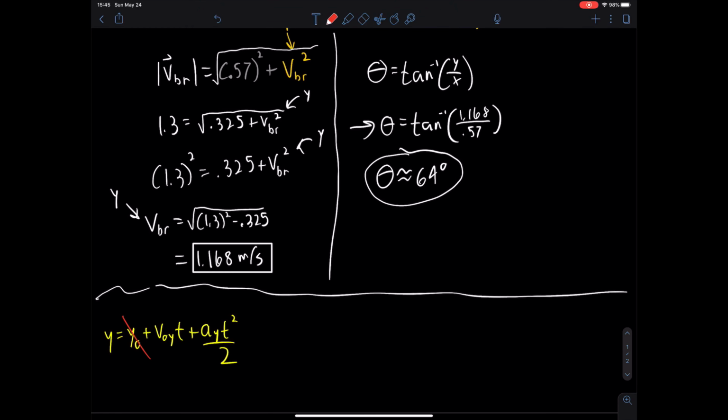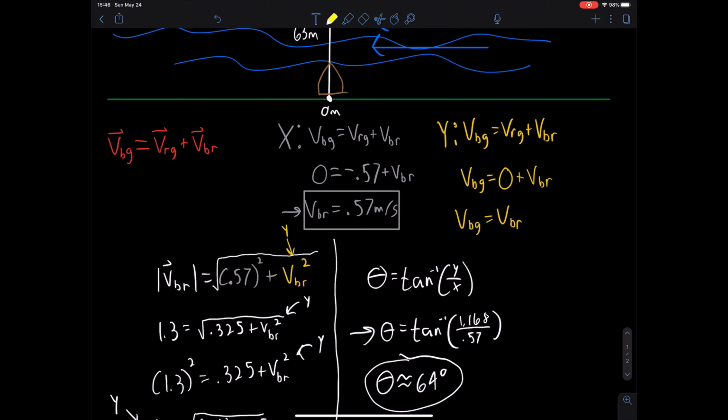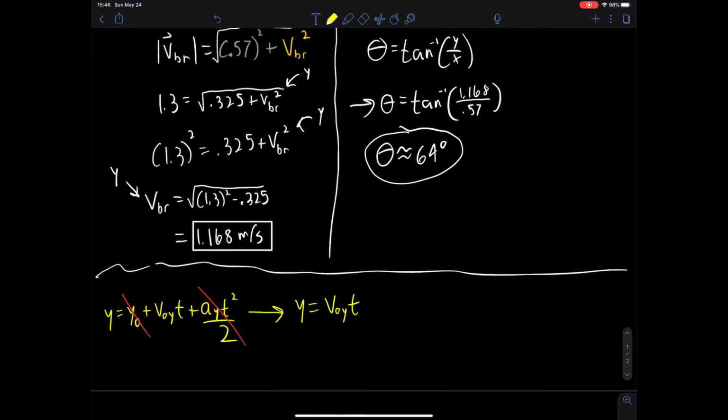And this acceleration in the y direction, we're paddling at the constant magnitude 1.3 meters per second. So we're not accelerating at all, so that entire term cancels out as well. And we have the simple equation y equals the initial velocity in the y direction times time. And this is of the boat relative to the river or the boat relative to the ground. Remember we said they were both equivalent right here.